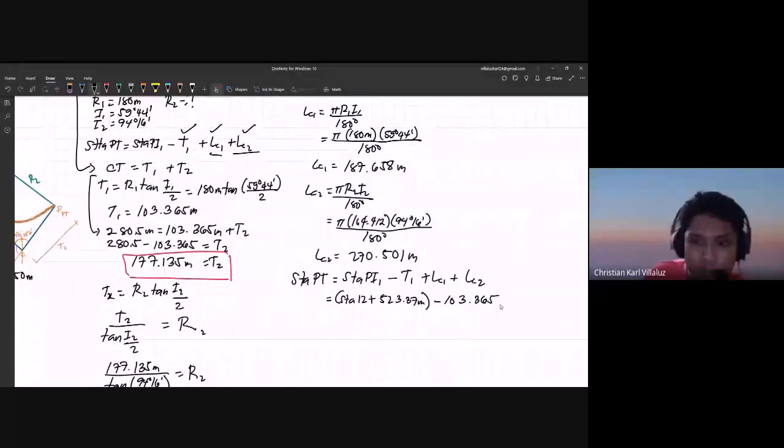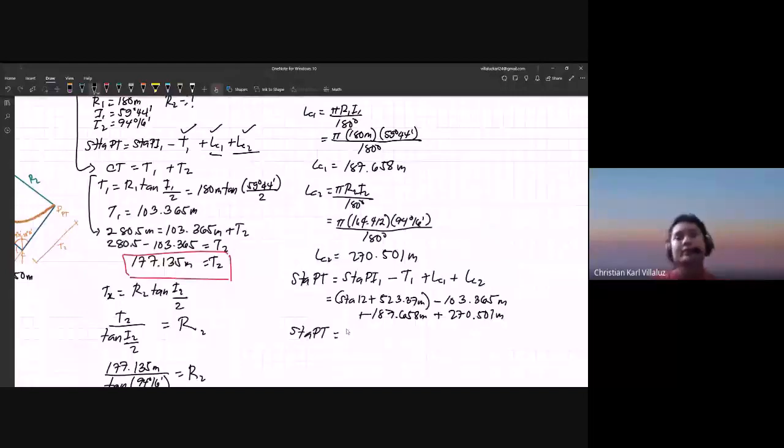I-add natin yung LC1, 187.658 and LC2, 270.501. So, stationing ng PT. So, add natin. 12 plus 523.37. So, that's 12,523.37 minus 103.365, plus 187.658, plus 270.501.